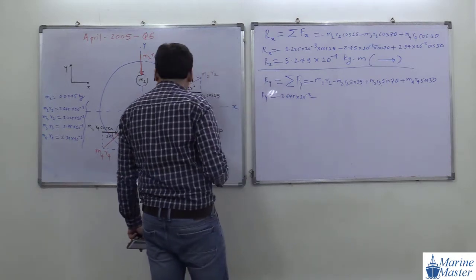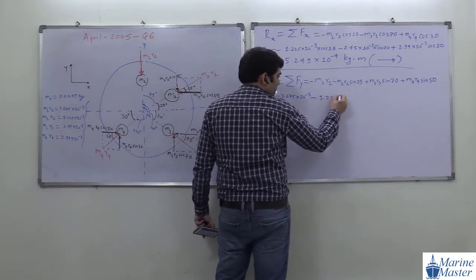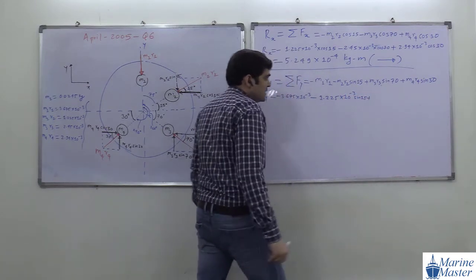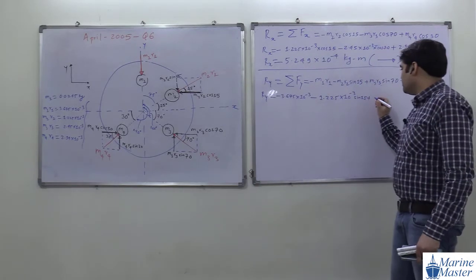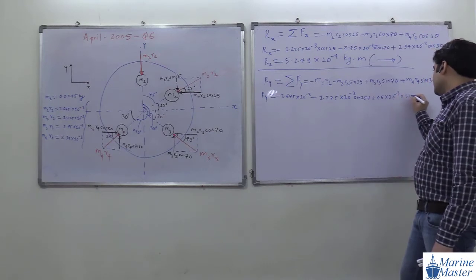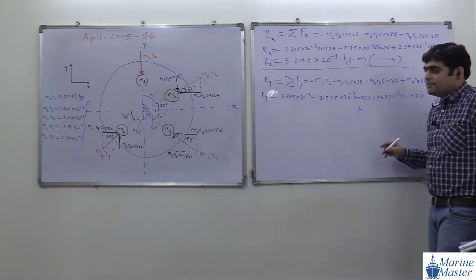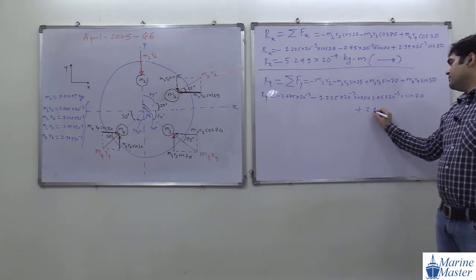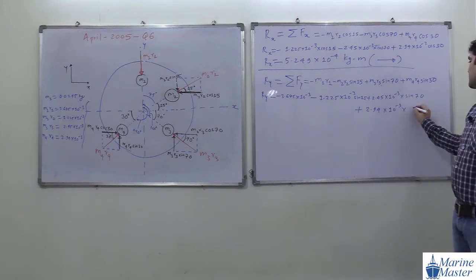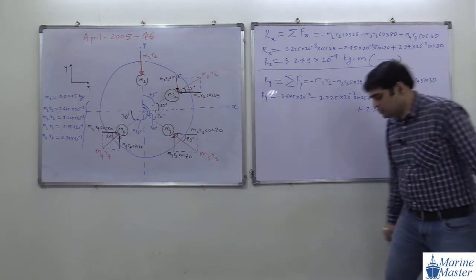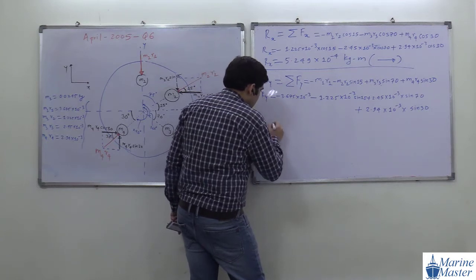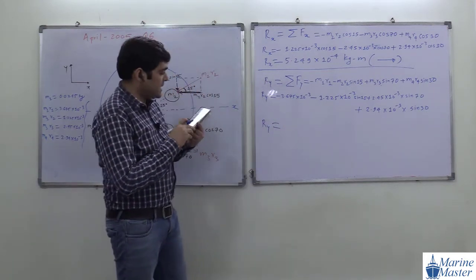M2 R2: 1.225 into 10 raised to the power minus 3 sine 15, plus M3 R3: 2.45 into 10 raised to the power minus 3 into sine 70, plus M4 R4: 2.94 into 10 raised to the power minus 3 into sine 30. So everyone please do the calculation and tell me the value of Ry. Please be careful with the values.